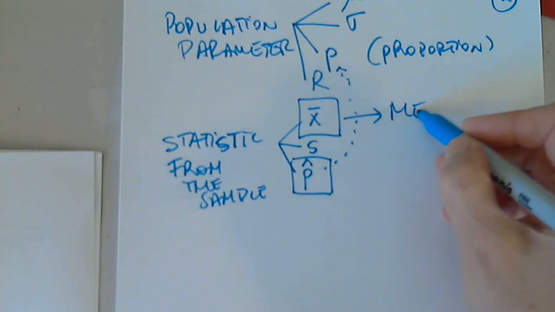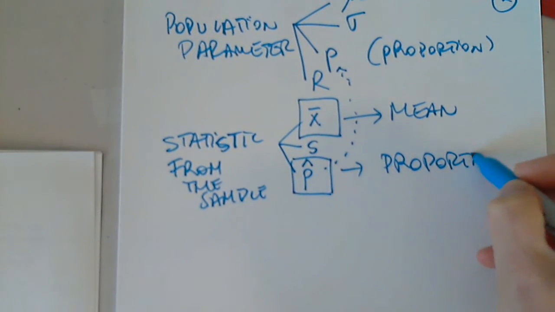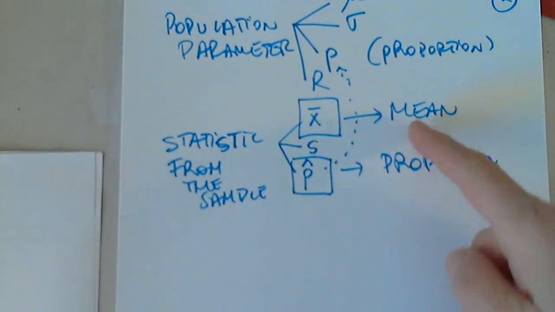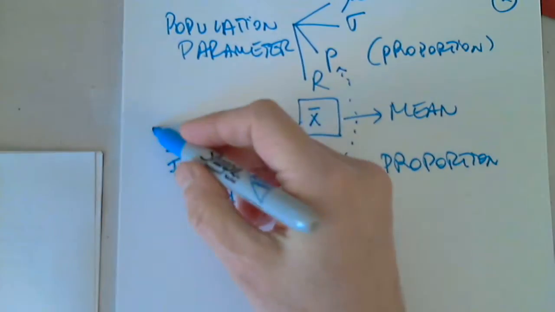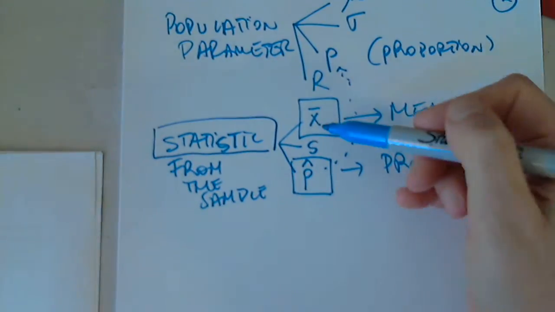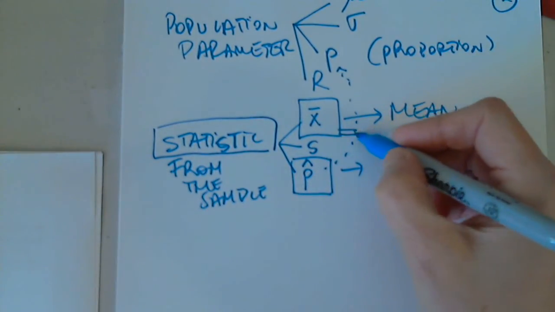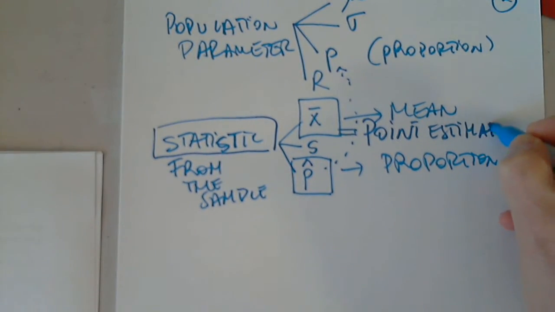Mean and proportion. Okay. So these are each a statistic because they come from the sample, and we want to estimate them. So they are called statistics. X bar is an estimate of mu, but also they are called a point estimate of mu.